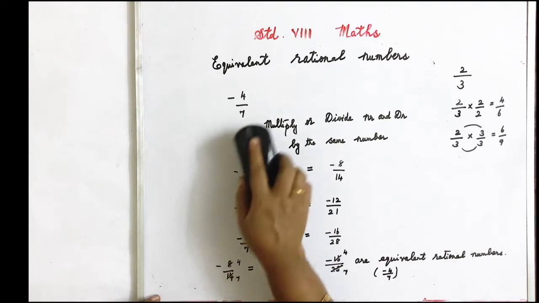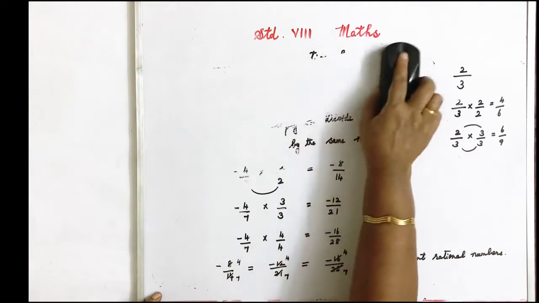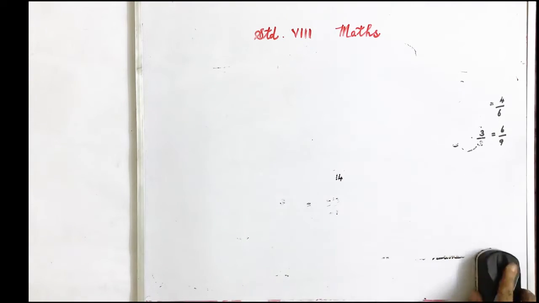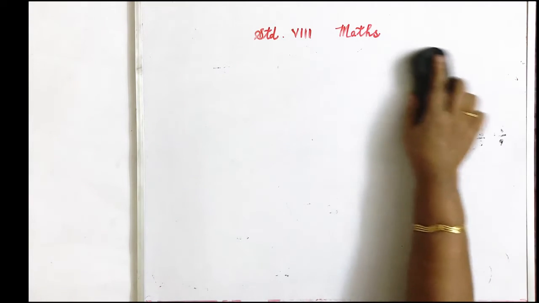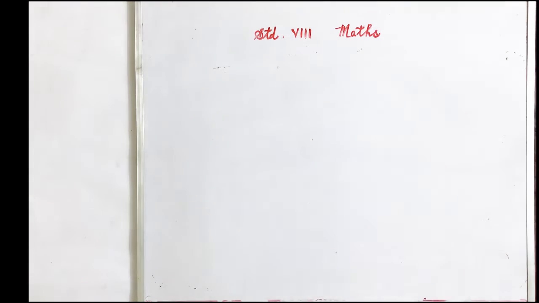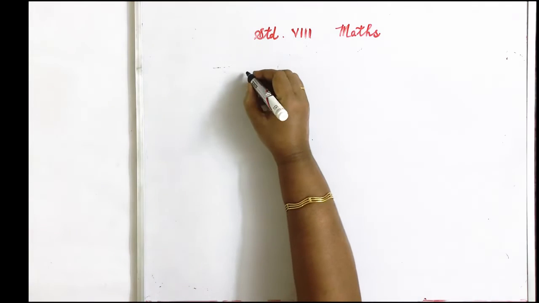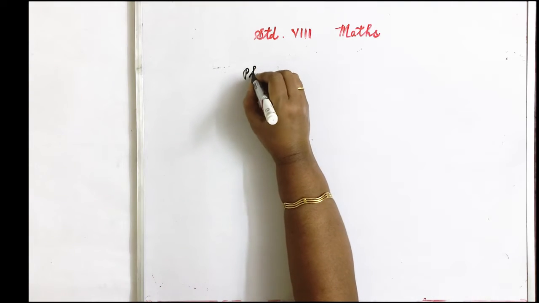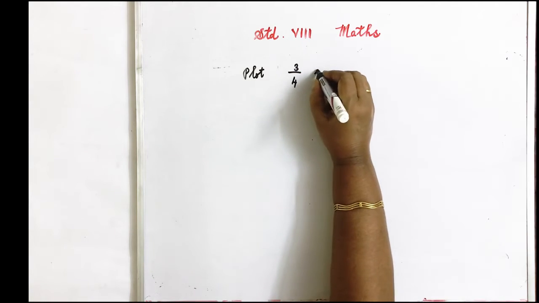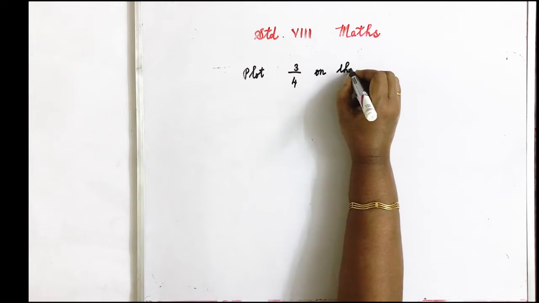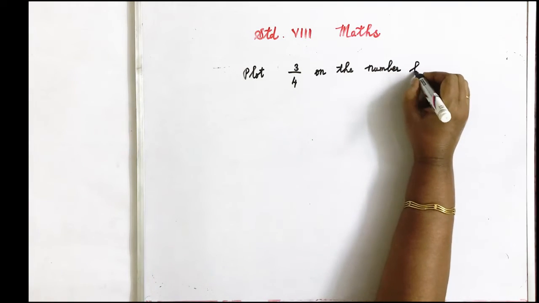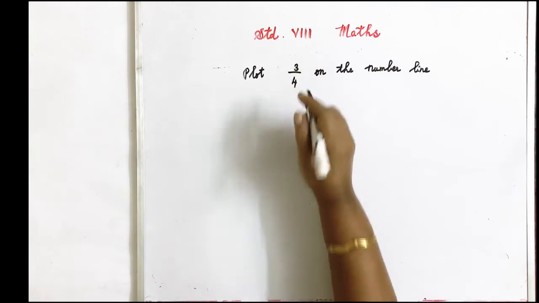Next, we are going to see how to plot rational numbers on the number line. Now next is plot 3 by 4 on the number line. 3 by 4 is the rational number.